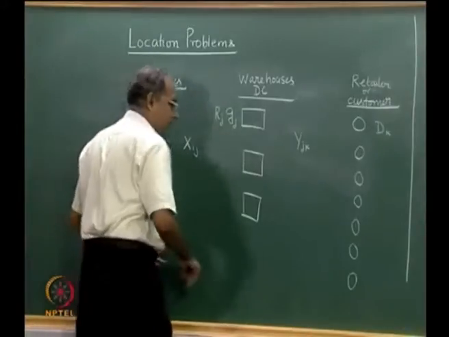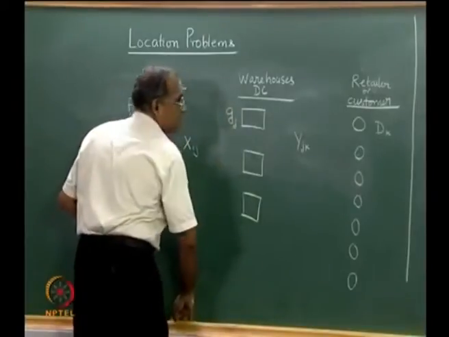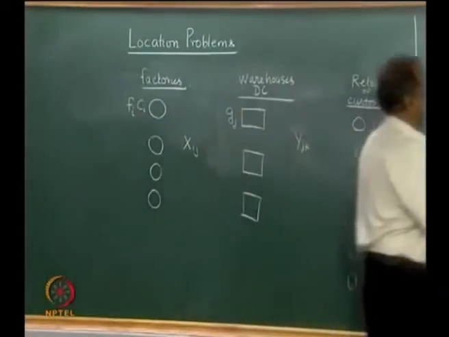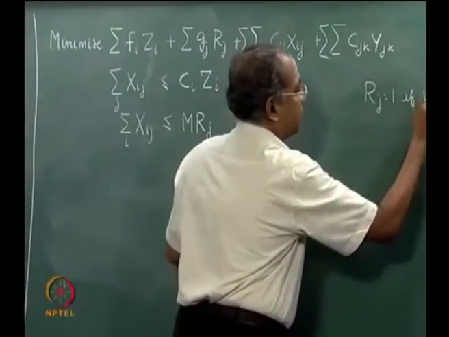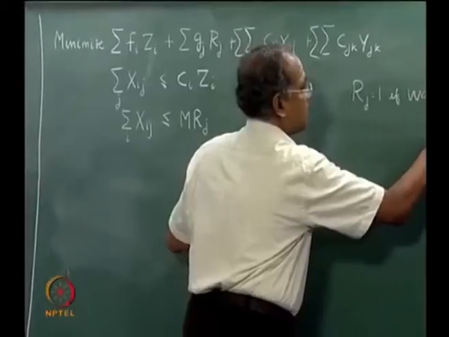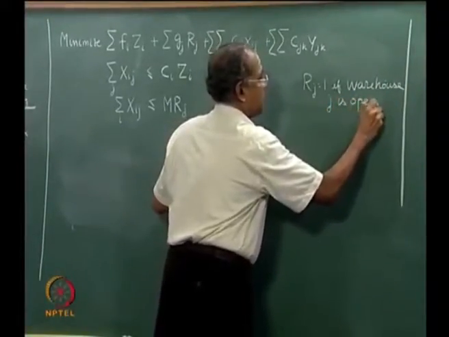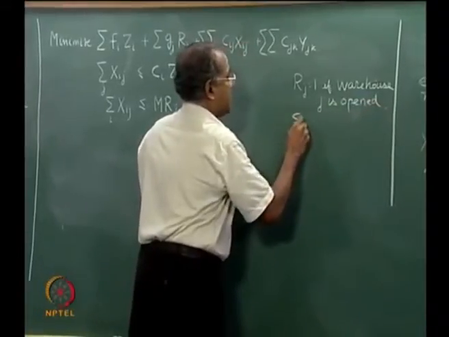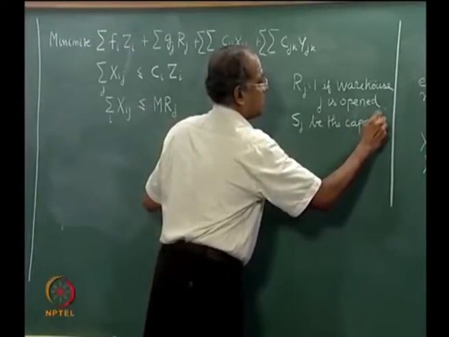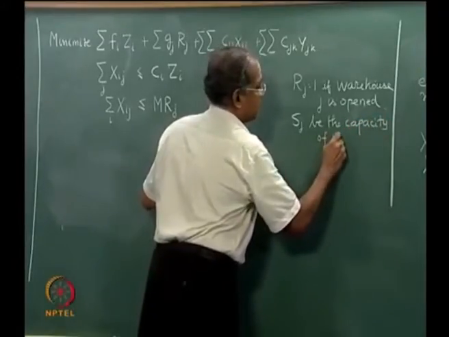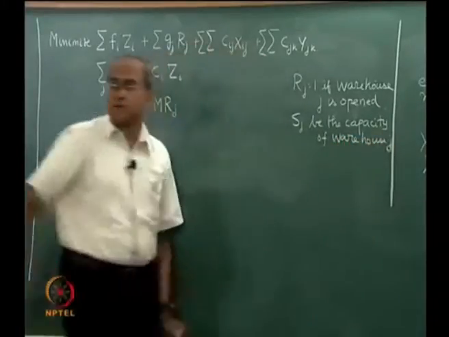Okay. Now, I defined here, now Rj is a variable. Now, let me write it, Rj equal to 1 if warehouse j is opened, and let Sj be the capacity of warehouse j.